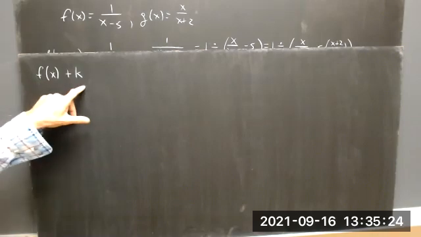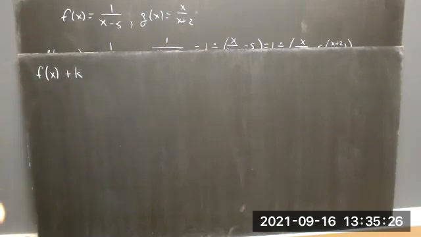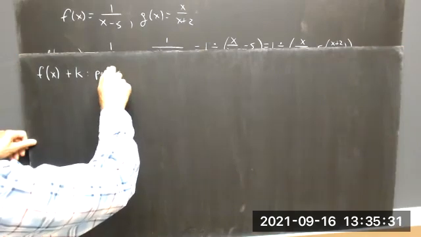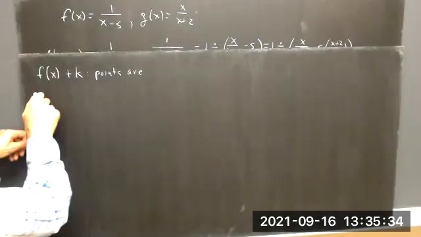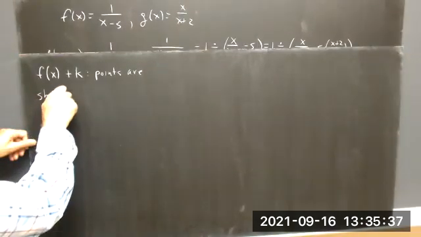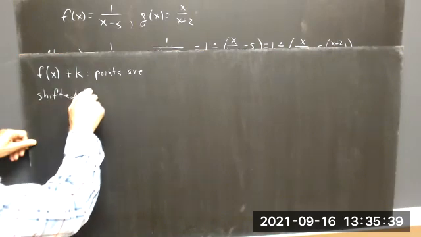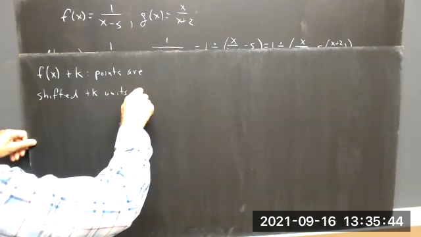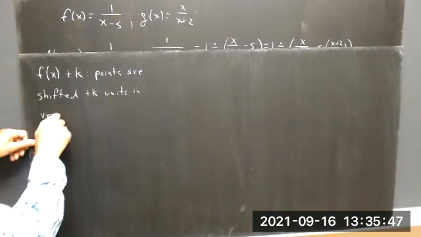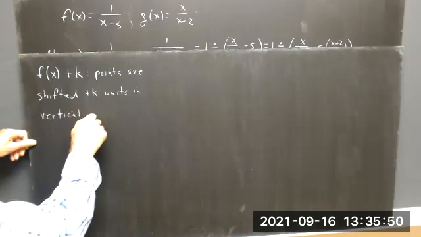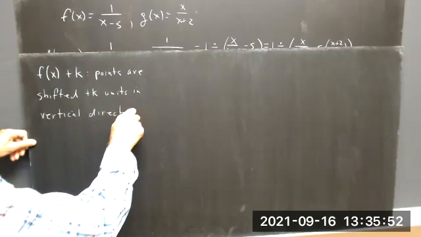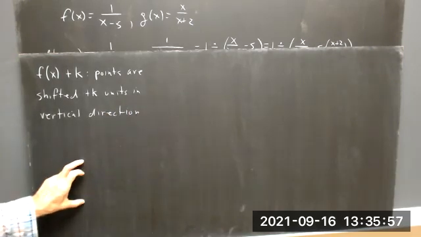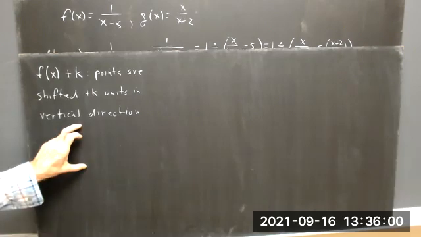If you do f of x plus k, then if you've got the graph of f of x, you just raise every point by k units.